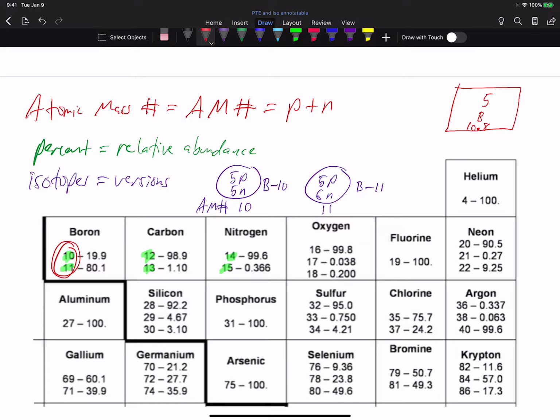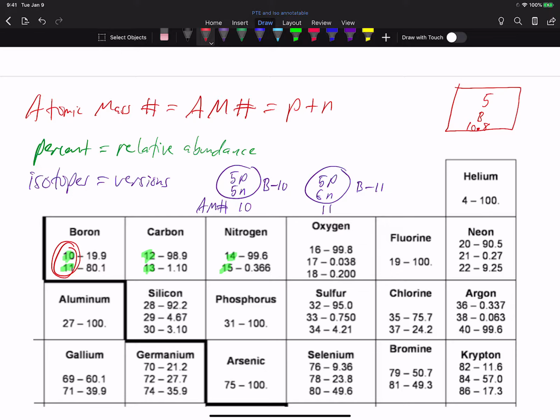So I think some of you already have a good sense of what to do here. We're going to take an average. Now simply doing a straight average of 10 and 11 would give us an average of 10.5. And obviously the atomic mass for boron is not 10.5, it's 10.8.